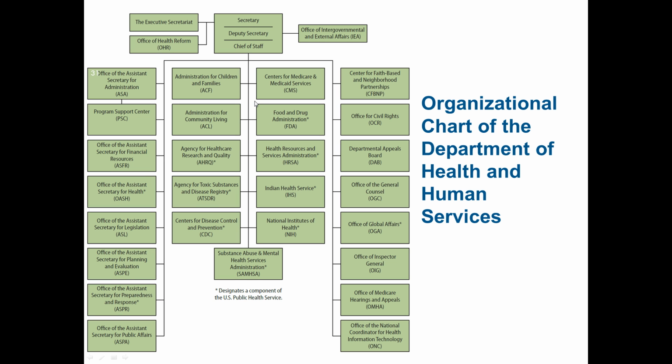So if you look at this, you've got offices specifically for things like children and family policies, toxic substances. There are a few here. We don't have to go over all of them. Some of these you recognize, like the CDC or the NIH. These are all agencies that are housed within a broader department that covers a really large area of policy. Healthcare encompasses a lot of different things, and the structure of the department within it reflects that.